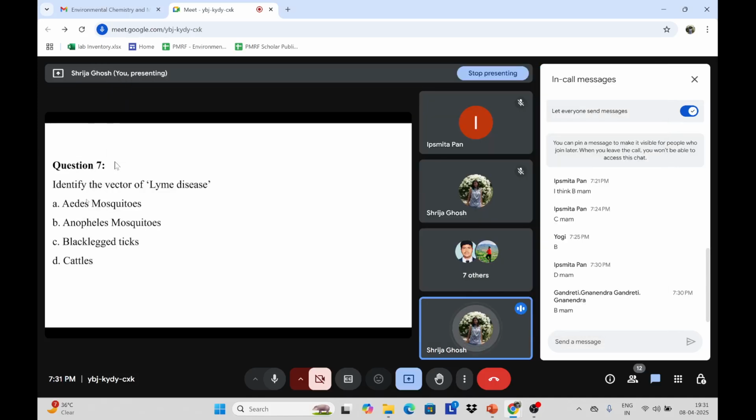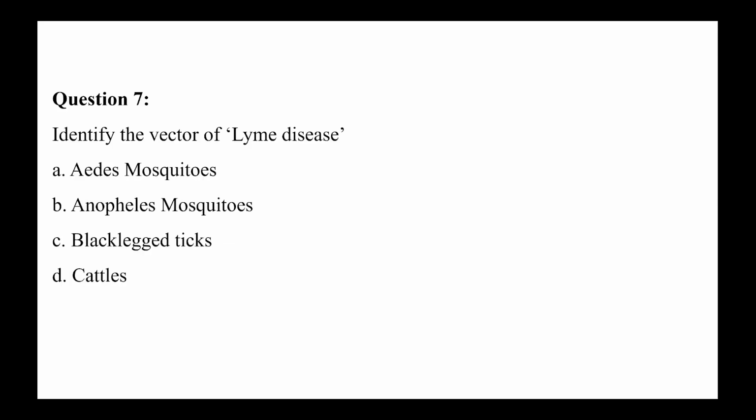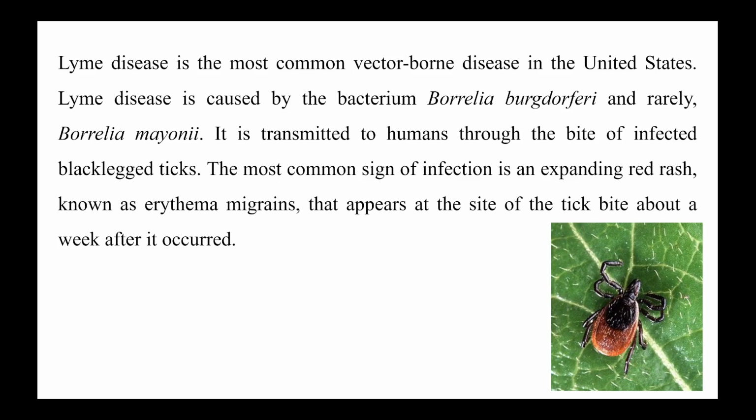So the correct answer actually is option C, black-legged ticks. Lyme disease is the most common vector-borne disease in United States. Lyme disease is caused by the bacterium Borrelia burgdorferi and rarely Borrelia mayonii.